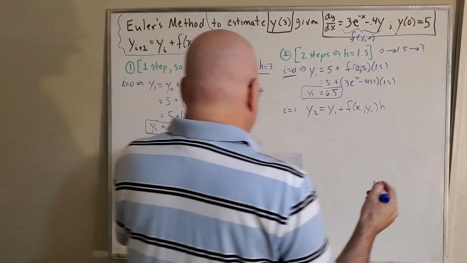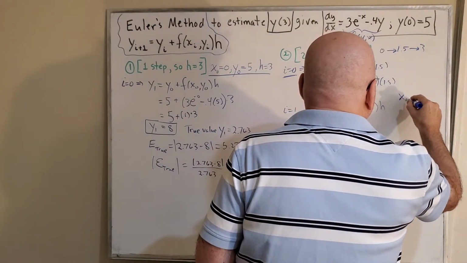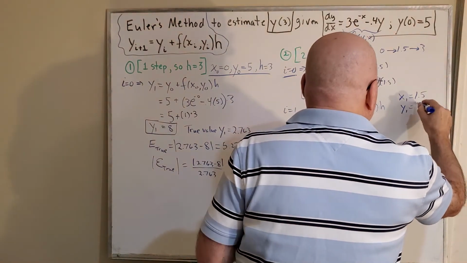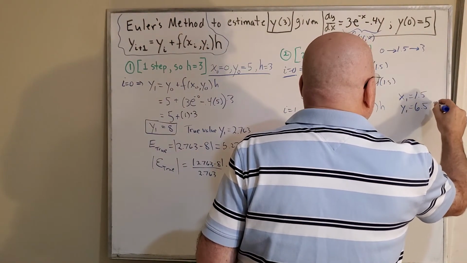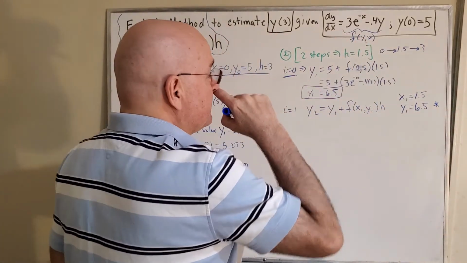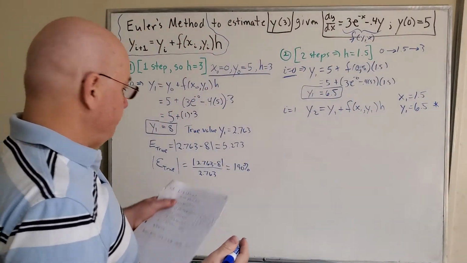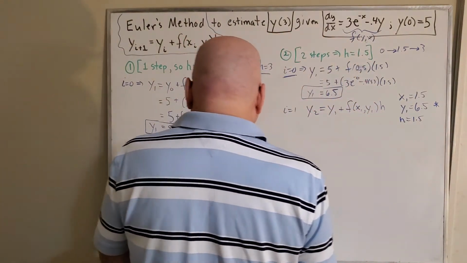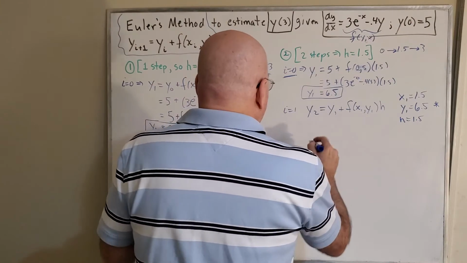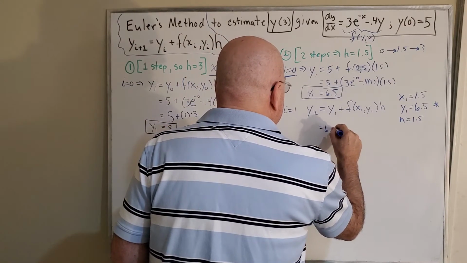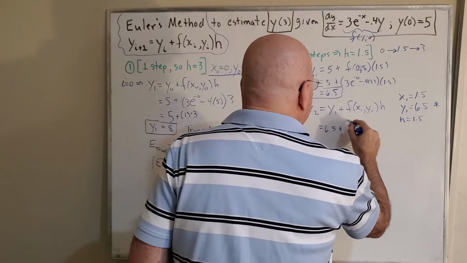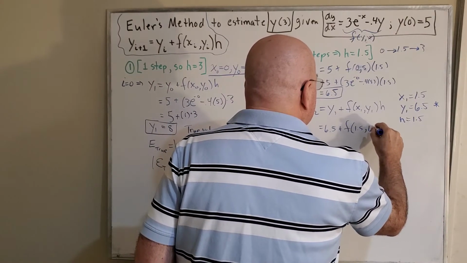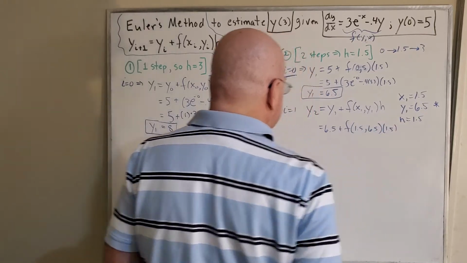We've got x1 equaling 1.5, we know that. y1, we have what we computed, 6.5. I'm going to put a star by it because that's not the truth, that's just our estimate. And then h equals 1.5. So y2 is equal to 6.5 plus f of 1.5, 6.5 times 1.5, that's h.